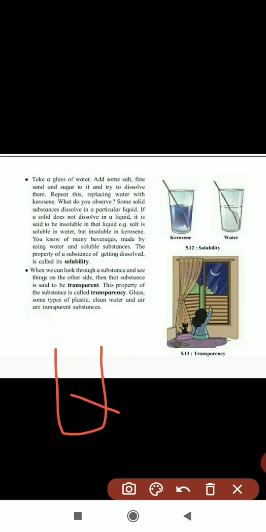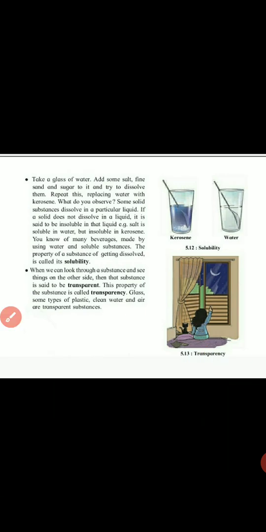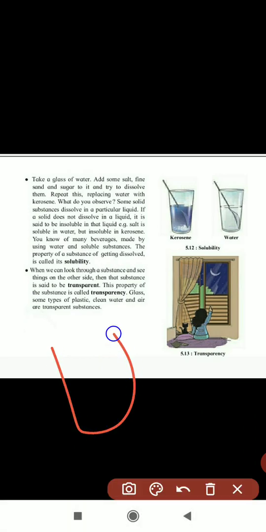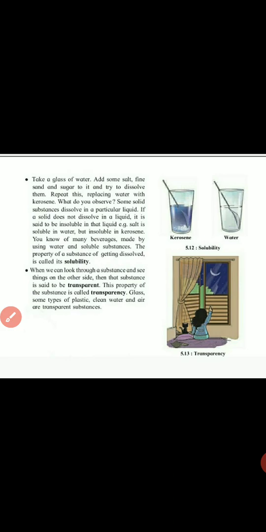If you take salt and water, it can easily dissolve in the water. But if you take kerosene and salt, then the salt is insoluble in kerosene.